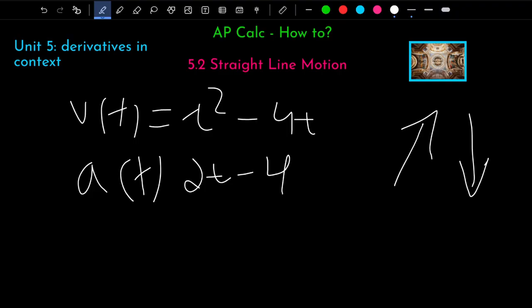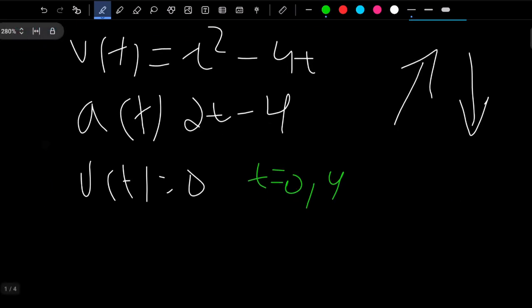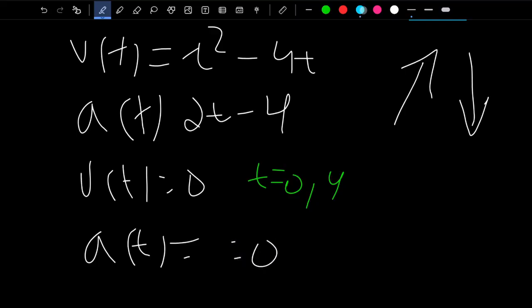To find this, we check when velocity and acceleration have the same or opposite signs. First, when we set v of t equal to 0, this yields t equals 0 and 4. And then we set a of t equal to 0 to find our critical points. This happens when t equals 2.